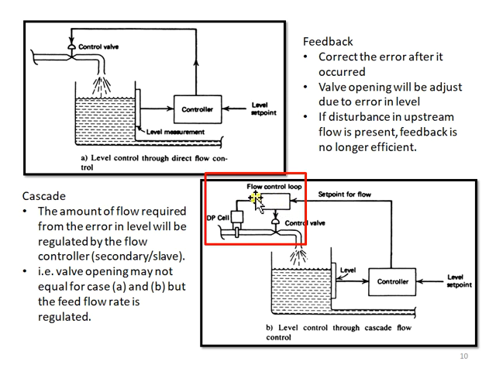So the secondary controller will measure the unstable or unregulated flow rate by using a flow meter, a DP cell flow meter. So this DP cell will send the flow rate information to the flow controller, and this flow controller will regulate the valve opening based on the set value.